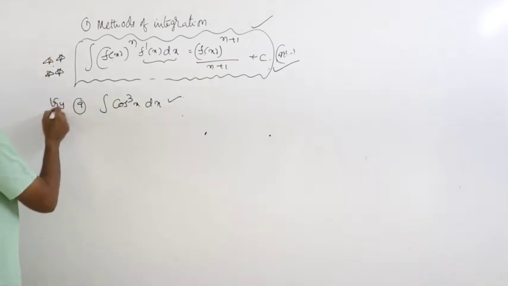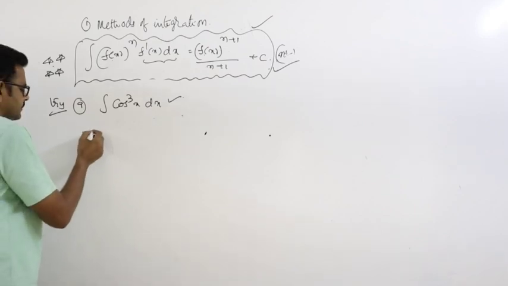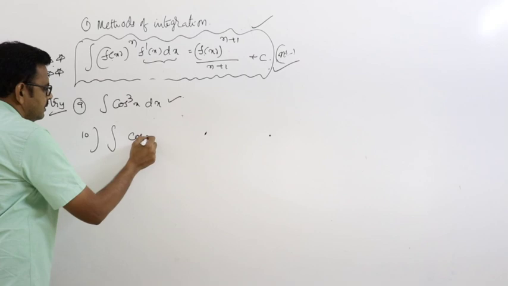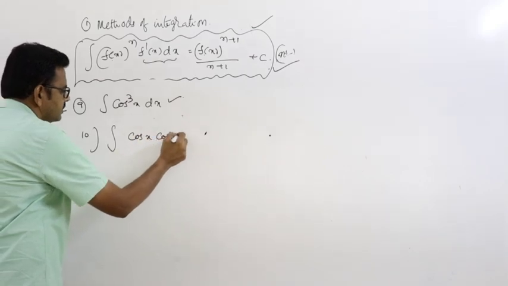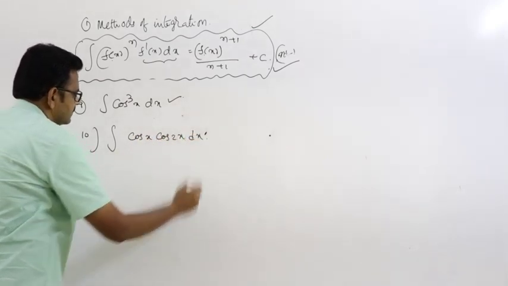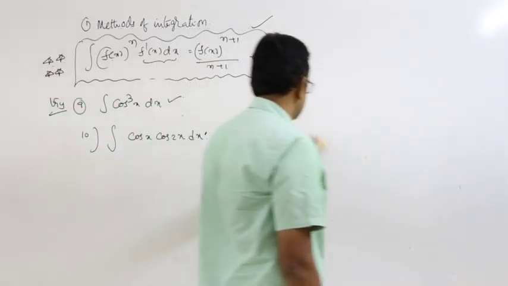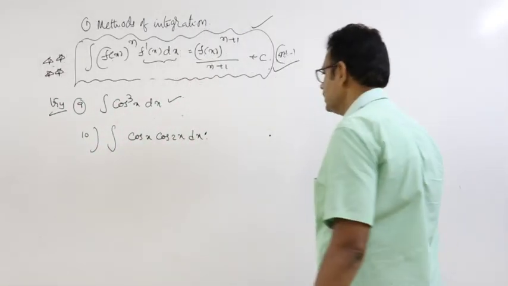You do this one. One method: integral cos x into cos 2x dx.